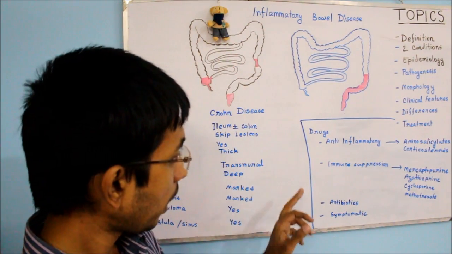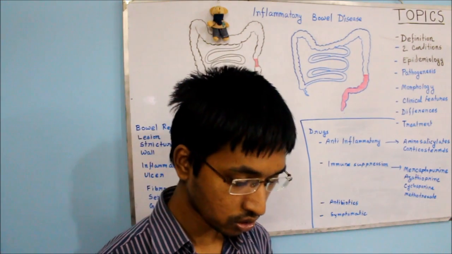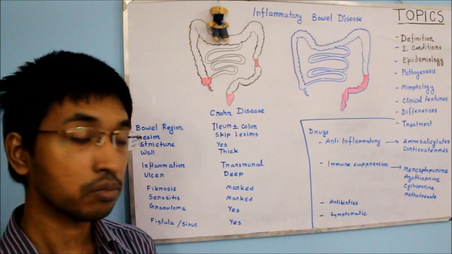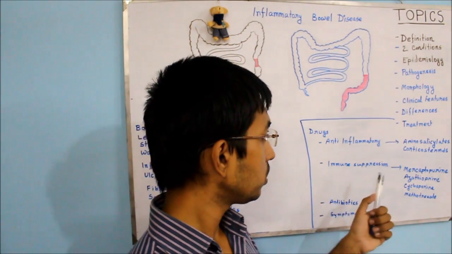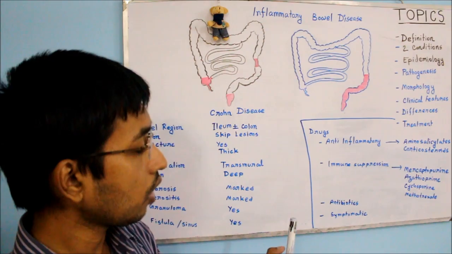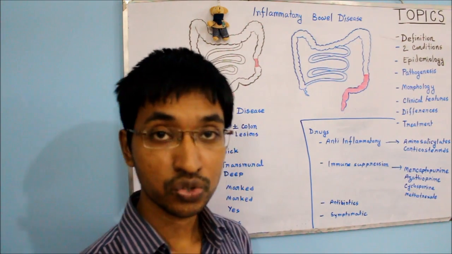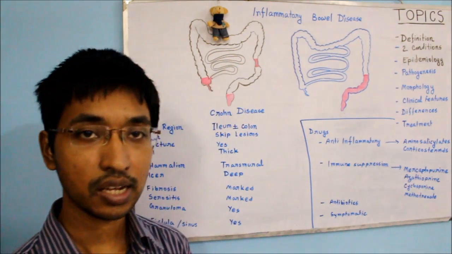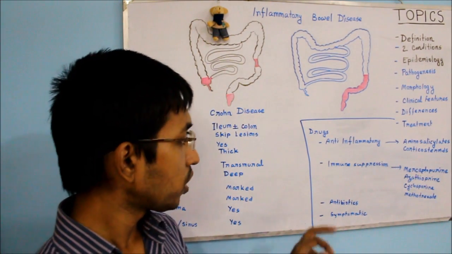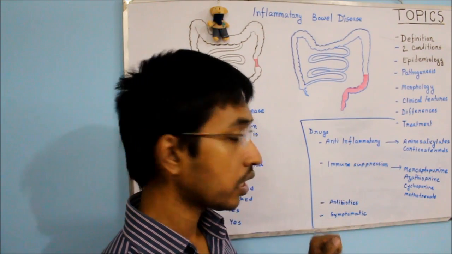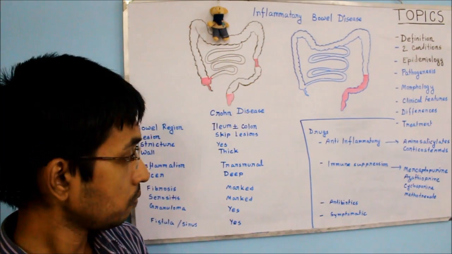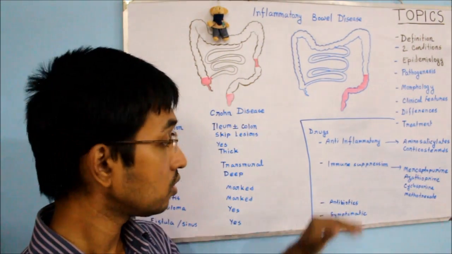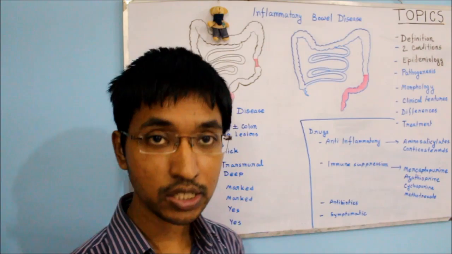Anti-inflammatory drugs are in fact often the first step in the treatment of inflammatory bowel disease, and the commonly used anti-inflammatory drugs in inflammatory bowel disease are corticosteroids and aminosalicylates. Now we can also use drugs that suppress the immune system, and as a matter of fact these drugs will also reduce inflammation.